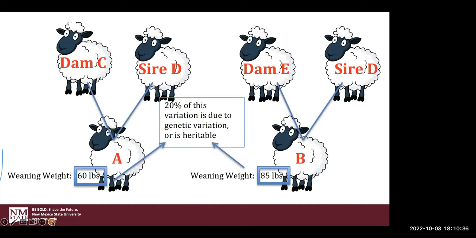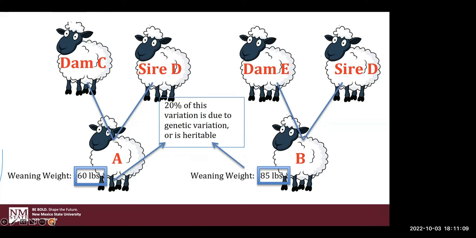Okay, so here's an example. You've got dam C and sire D. So this is where you can find differences with the right sire. That mating generated weaning weights of 60 pounds, where dam E crossed with sire D, same ram, different ewes, you get a weaning weight of 25 pounds more.